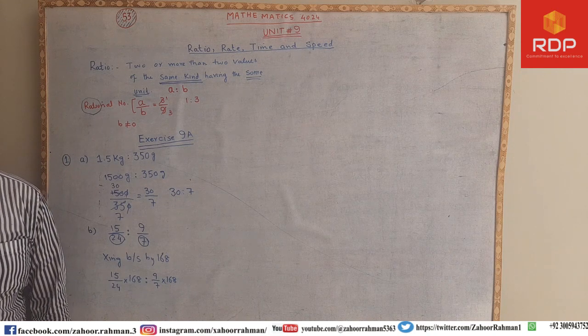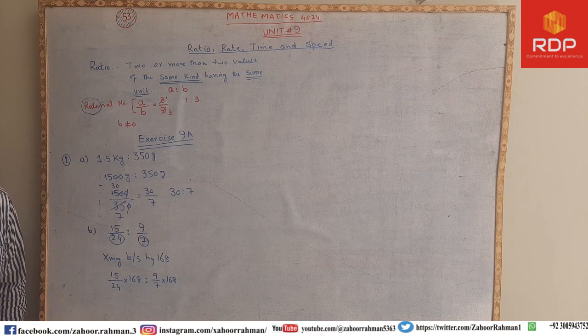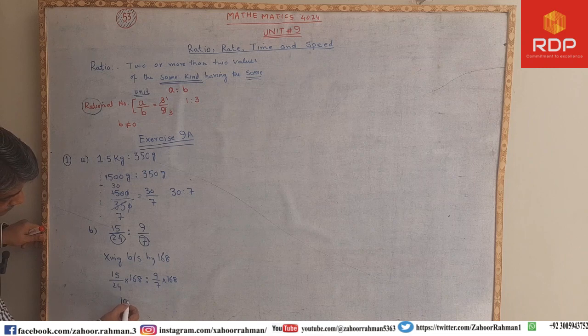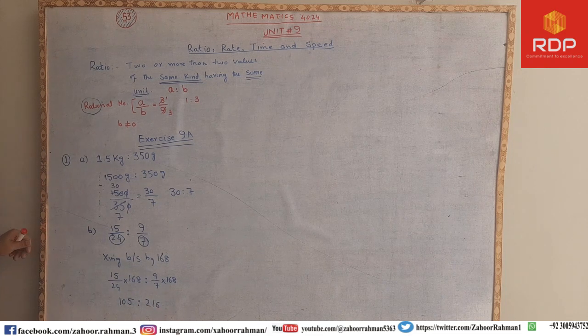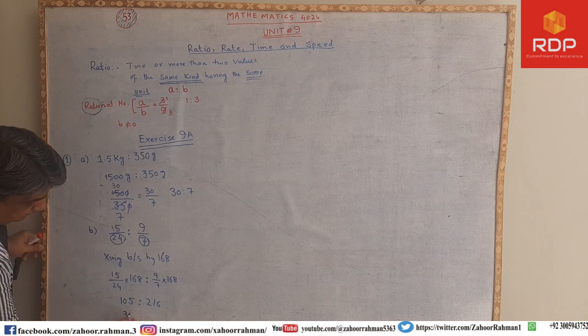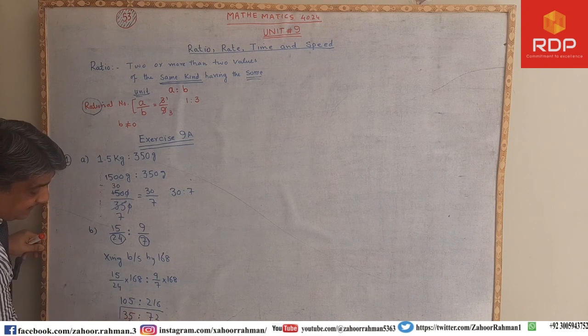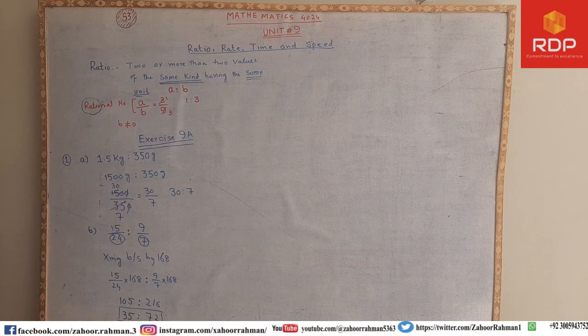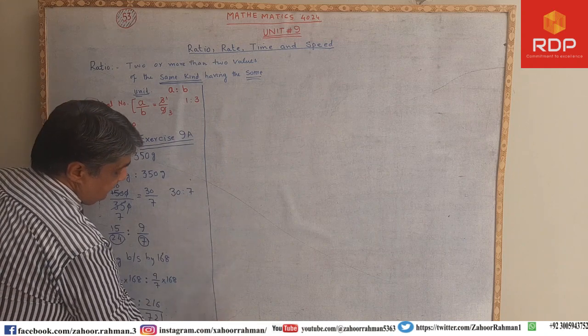As a result we will get 105 and 216, which can further be simplified. 35 and 72, and that is the ultimate answer, because it cannot be further divided.